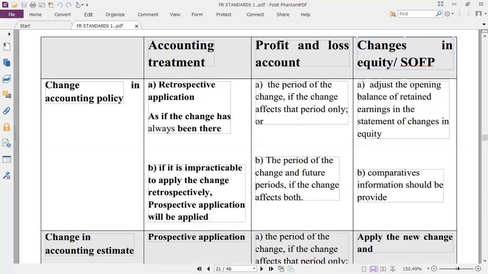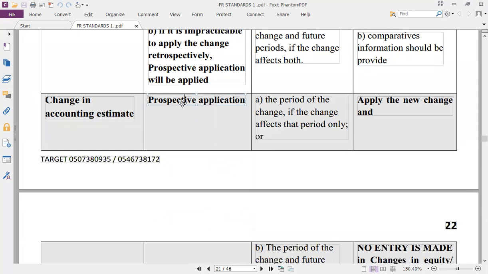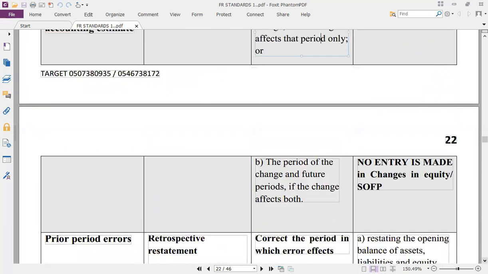And this will not be the same as the change in accounting estimate. For change in accounting estimate, that's prospective all the way. In the period of the change if it affects that period only, and then the period of the change and future periods if affected by both.